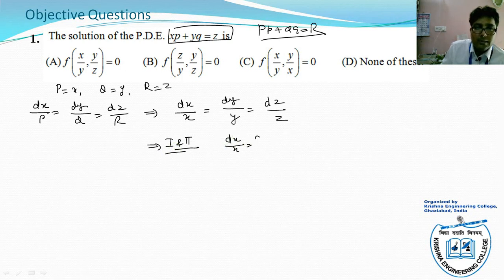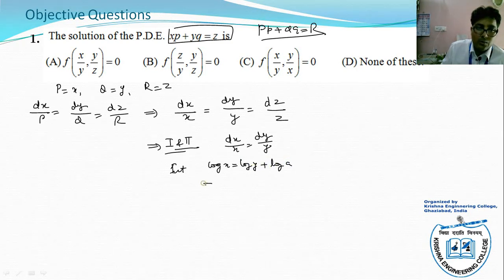dx upon x equals dy upon y, integrating, log x is equal to log y plus log a. So this can be written as log of x upon y is equal to log a. So we get the solution x upon y is equal to a.